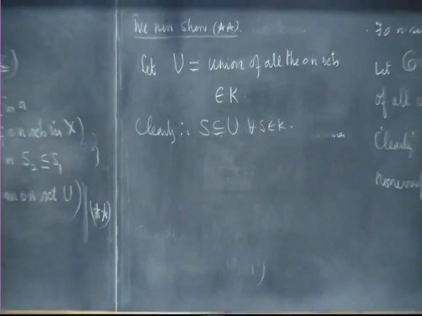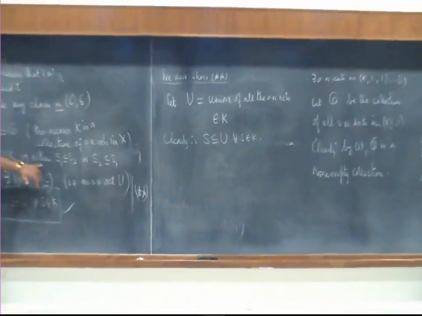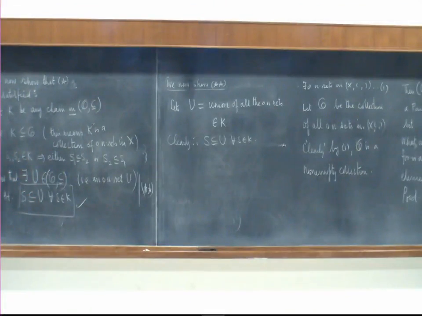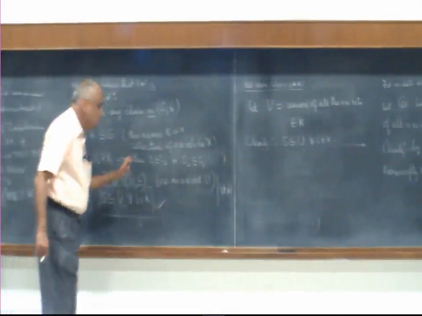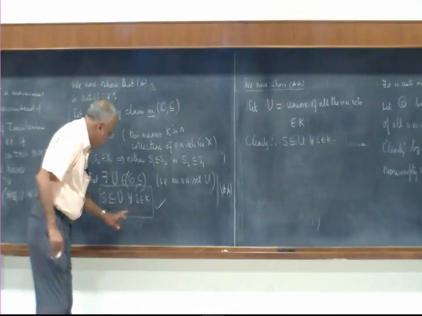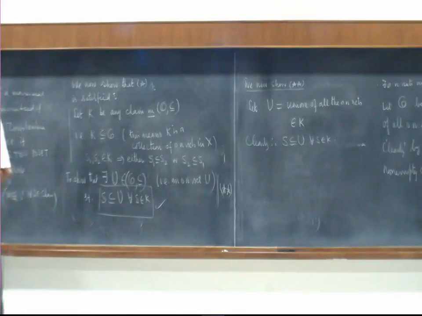The only thing now that remains to be shown is that U is an orthonormal set. If we show that U is an orthonormal set, then it is an element of the poset and it dominates everybody in the chain, and therefore, it becomes an upper bound for the chain.